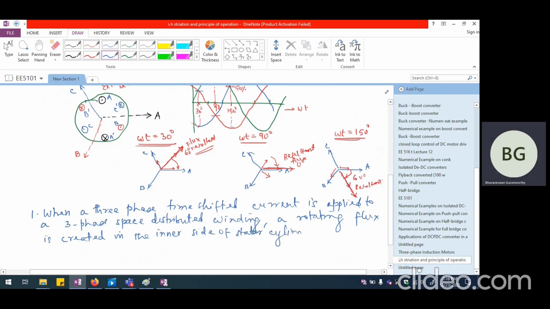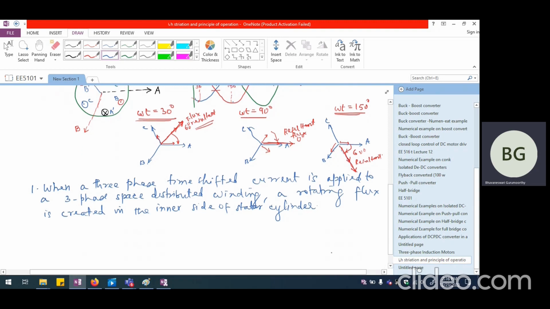So the stator is a hollow cylinder. It has windings in the inner periphery, and towards the inner side of the stator cylinder, we are going to create a revolving magnetic field.